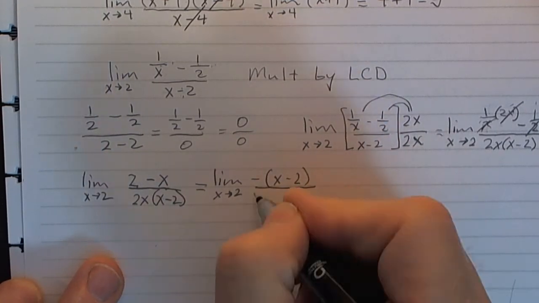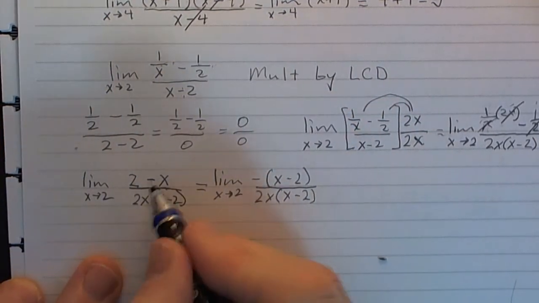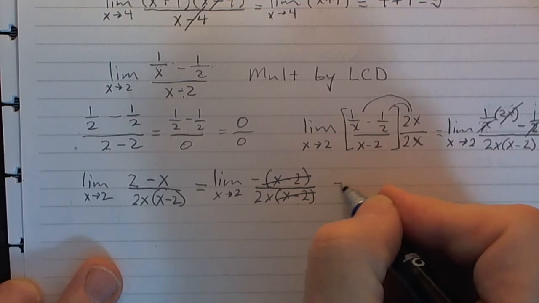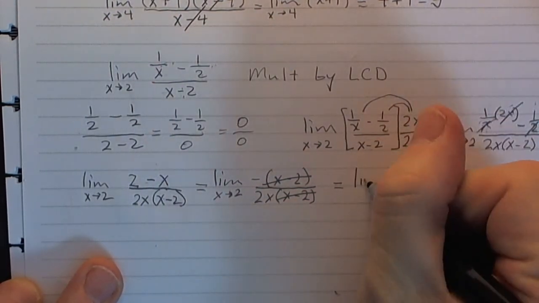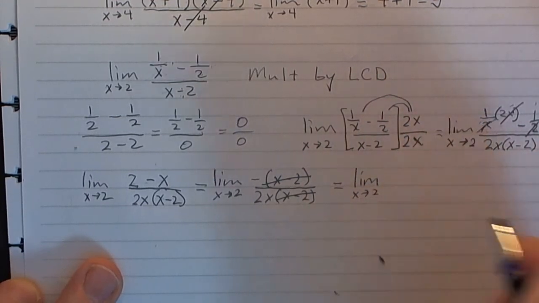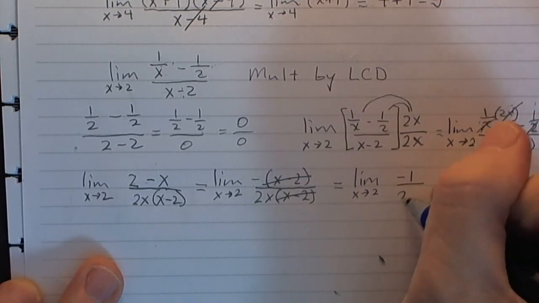That's a cool little move that we can do. Just factor out a negative. Now look at this. x minus 2, x minus 2, and now look what I have. I have the limit as x goes to 2 of negative 1 over 2x.